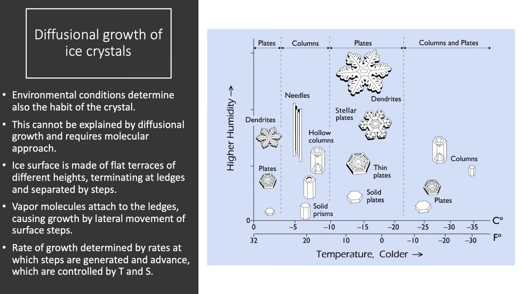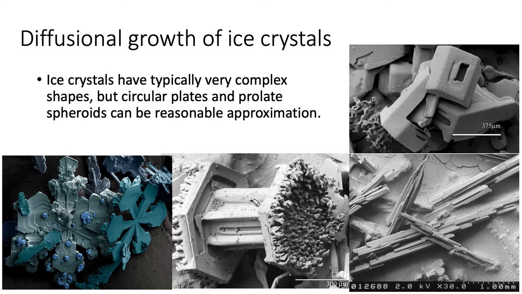And so, if we go back to something like this, it looks like maybe there was a warmer temperature, and it formed an ice needle. But then the temperature got colder, and the ice crystal decided that it wanted to grow as a plate instead. And so what happens, you may be asking, yeah, but how much are conditions changing within the atmosphere?